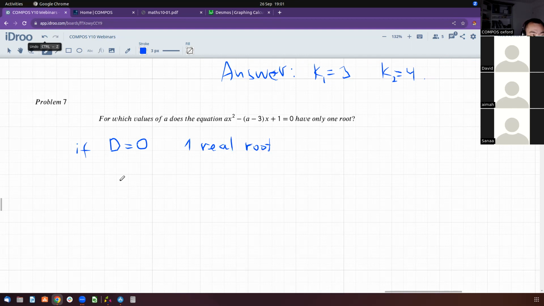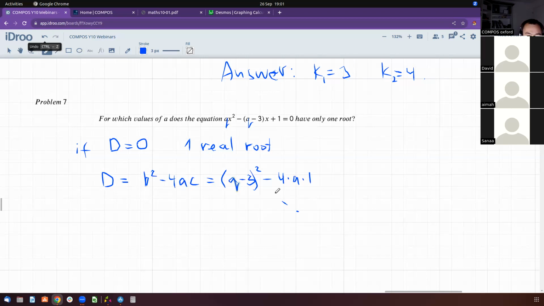Okay. The discriminant is equal to b squared minus 4ac, which is a minus 3 squared minus 4 times a times c, which is 1. Sorry, I'm using a in two different ways, so let's say it's q.